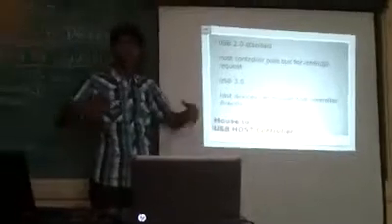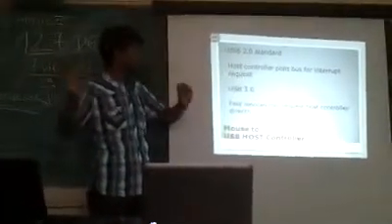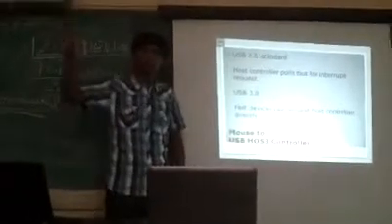Okay, so there are currently two most popular standards. 2.0 is the standard, and 3.0 is evolving, almost evolved. The main difference is that in 2.0, the host controller will poll for the interrupts.